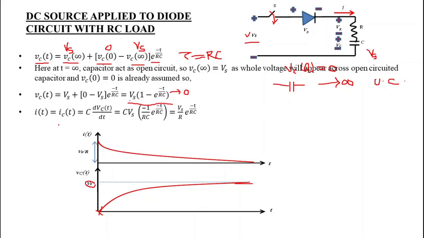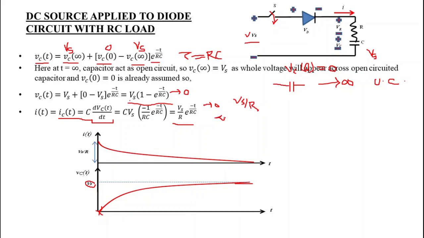Now what is the capacitor current? We know that Ic is equal to C dVc by dt. So we get Vs by R e to the power minus t by RC. If we put t equals 0, this is equal to 1 and we get Vs by R. Now what happens when t equals infinity?